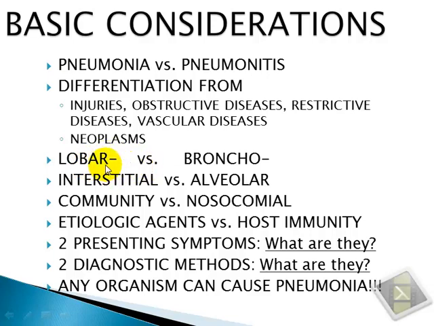Another important concept to differentiate is lobar pneumonia versus bronchopneumonia. As the name suggests, in lobar pneumonia the whole lobe is involved, whereas bronchopneumonias are focal, involving parts of all the lobes, or the whole lung, in a spotted fashion. It's not diffuse, but very focal.